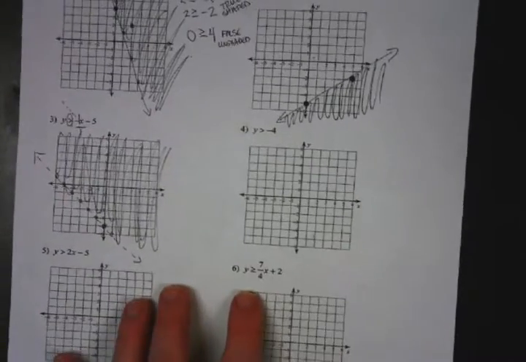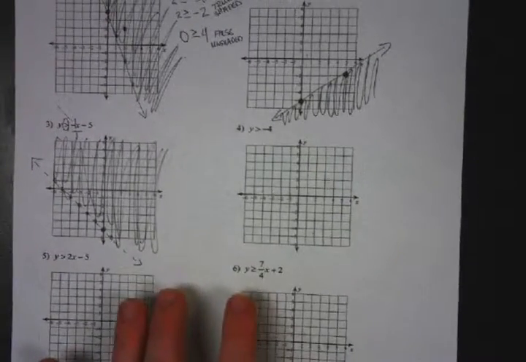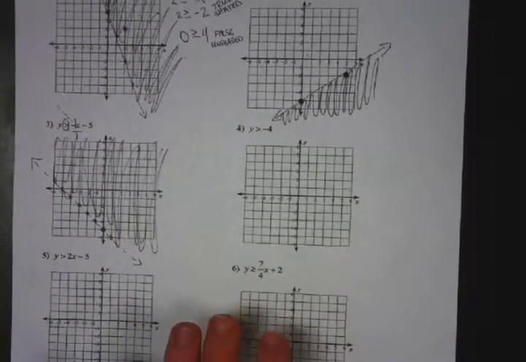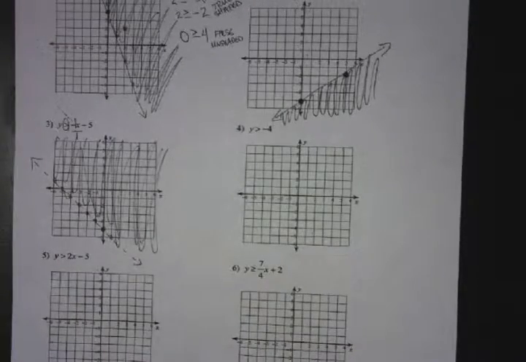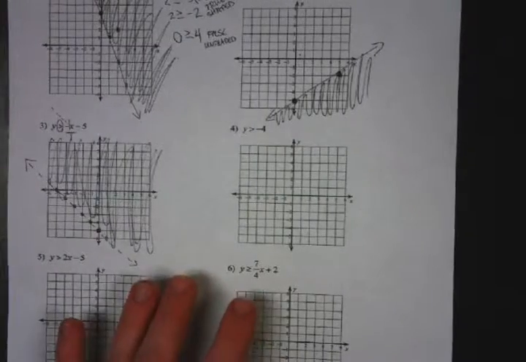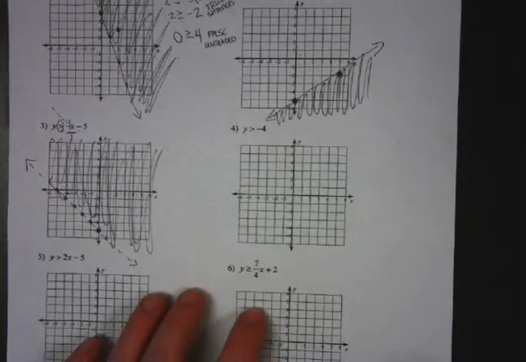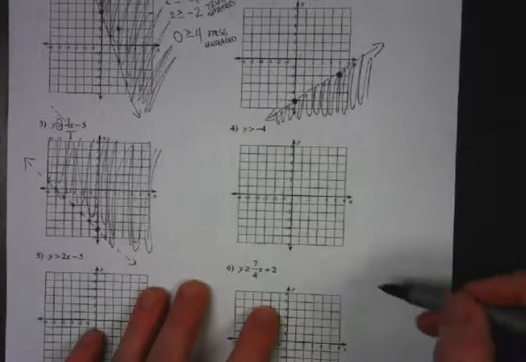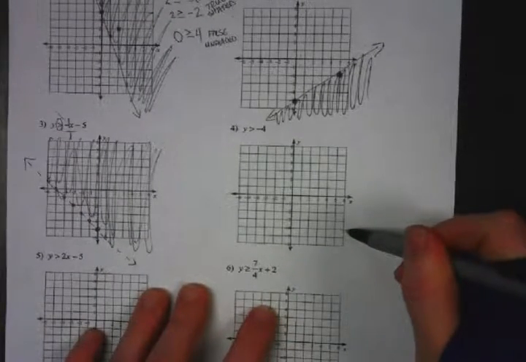Anybody remember how to graph y equals equations? You've got a 50-50 shot, right? Is it this way or this way? This way, right? Yes, opposite the way of the axis. And we're at -4. Solid or dashed?